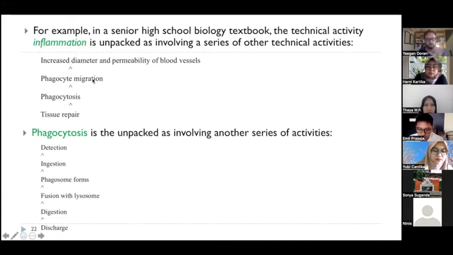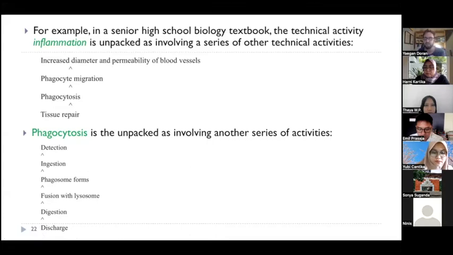Now, again, don't worry if you don't understand the technical terms. I'm not a biologist, so I know some of them, but not all of them. But importantly for us, what we're doing is looking at the relationships or the ways to be able to describe what inflammation is. Similarly, one of these terms, phagocytosis, can be unpacked even further as involving the detection, then ingestion, then phagosome forms, then fusion with the lysosome, then digestion, then discharge.